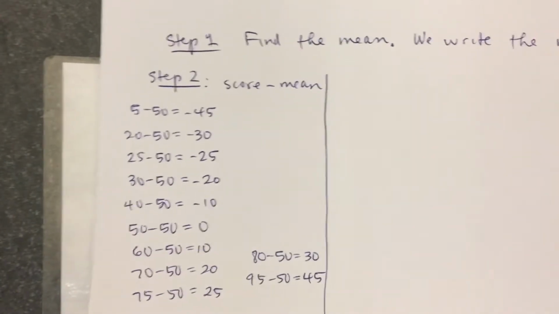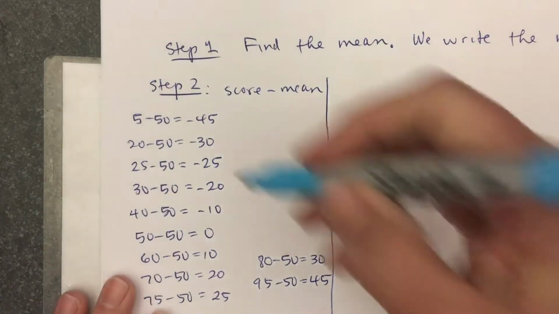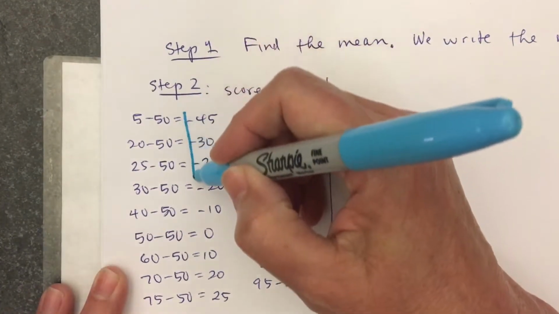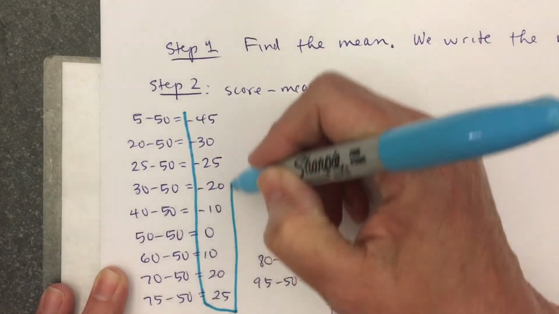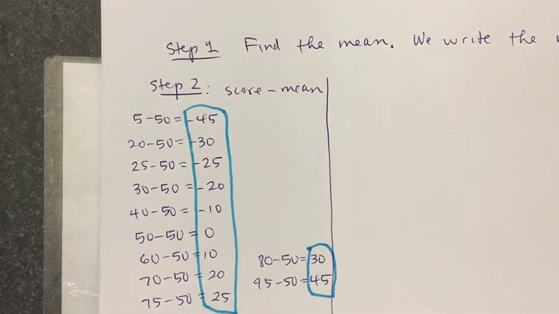Now what I'm about to say next is not a part of the calculation for standard deviation, but it is something that you will be asked some questions about. If you add these numbers I've gotten from my subtraction, what are you going to get? You're going to get 0.